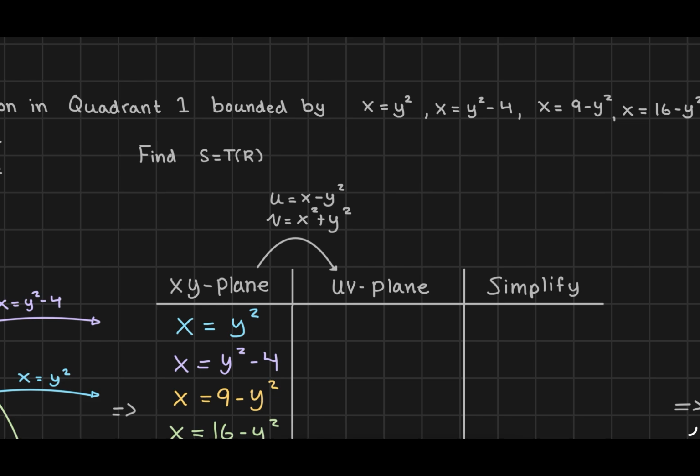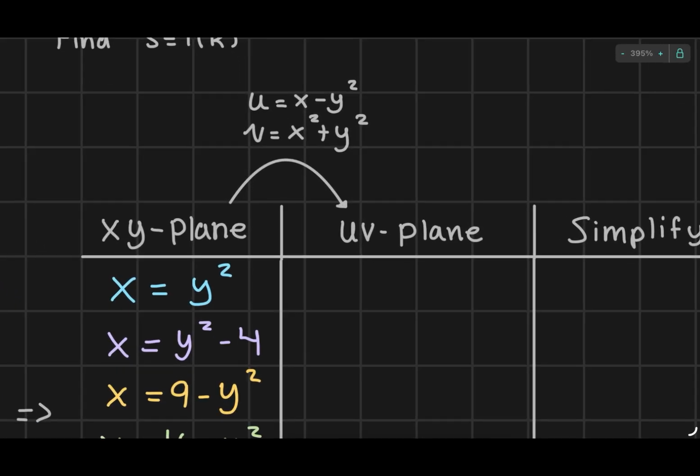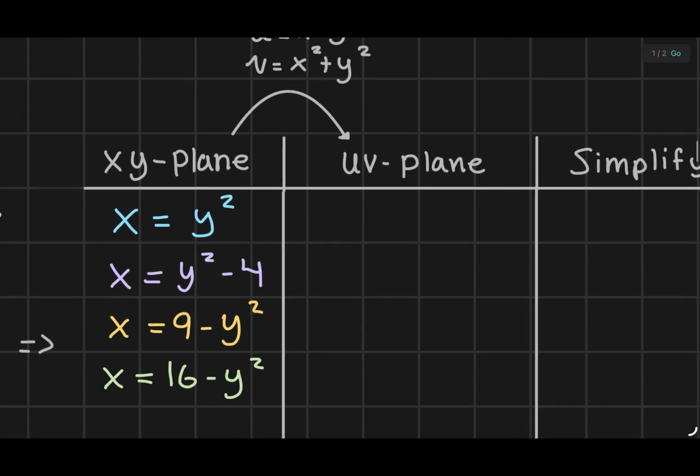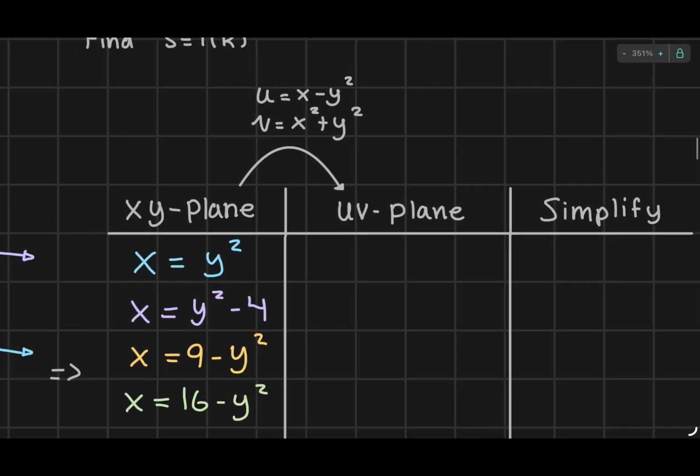Our transformations look pretty similar to what we're already given here. Why can't we just rearrange our functions into our transformations? Well, we have x is equal to y squared, and our transformation of u is x minus y squared.